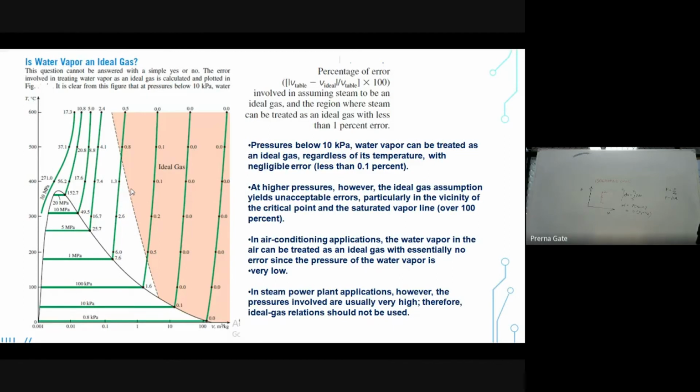However, when you analyze a steam power plant, the pressures involved are very high, so you cannot use the ideal gas relations there. There you have to use the steam table to figure out the PVT relationships.